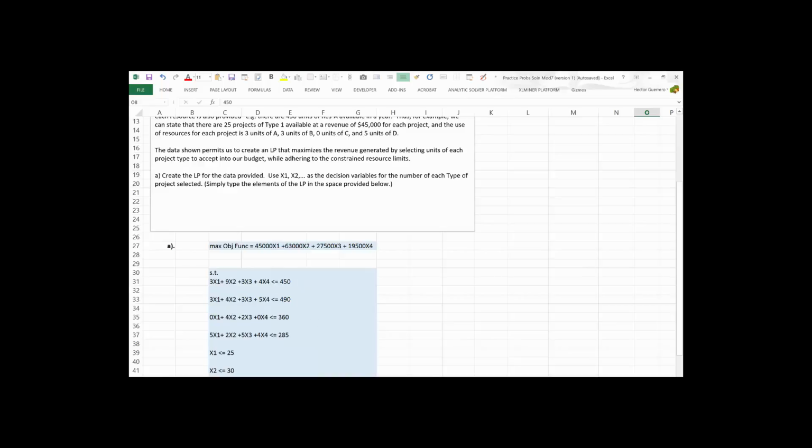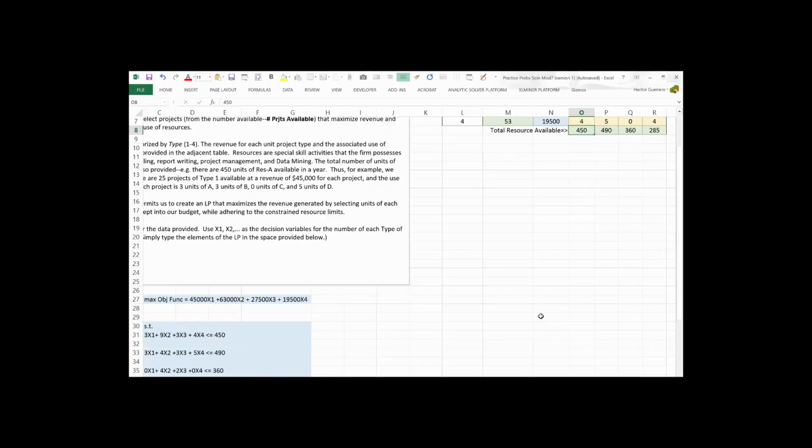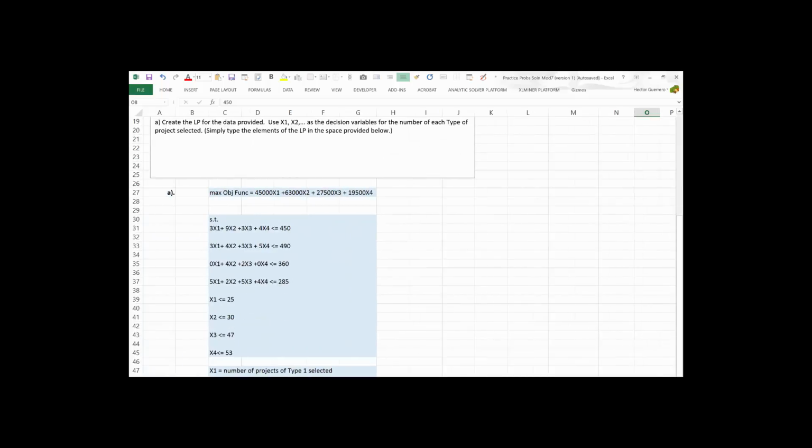The second constraint is how we use up our resources for resource B. 3 times x1, 4 times x2, 3 times x3, etc. must be less than or equal to 490. And we can see that constraint right here, 490, 360. So we've organized the data in a very nice fashion so we can take our constraints, construct a constraint set, the subject to elements here that constrain the allocation of projects in the objective function.